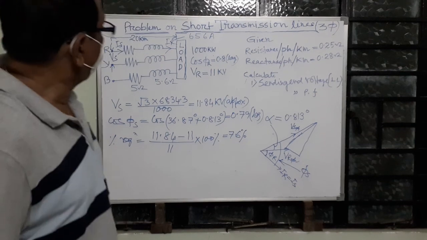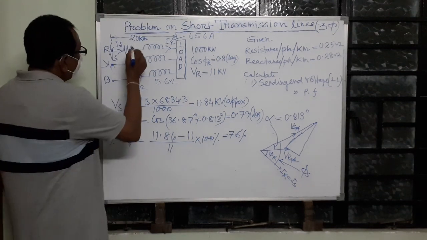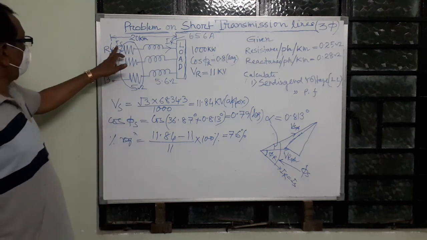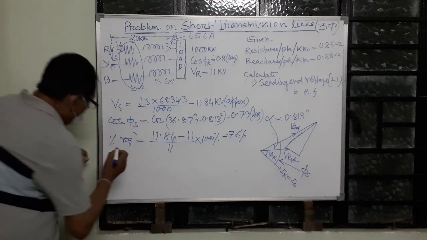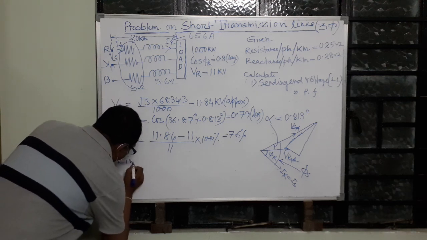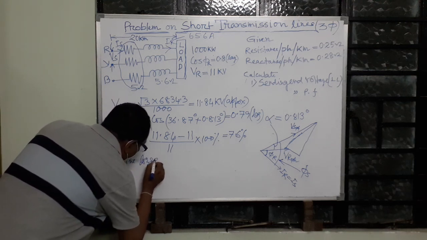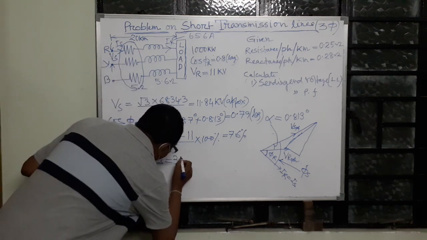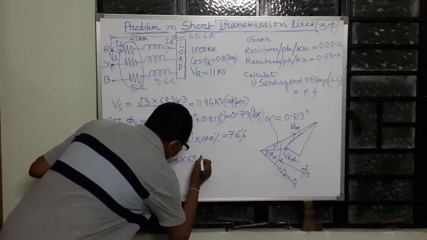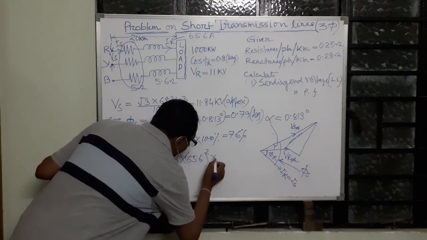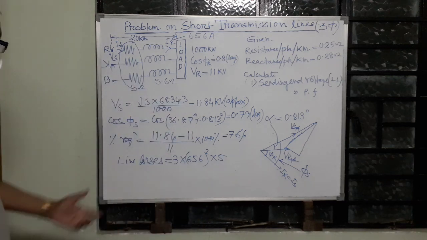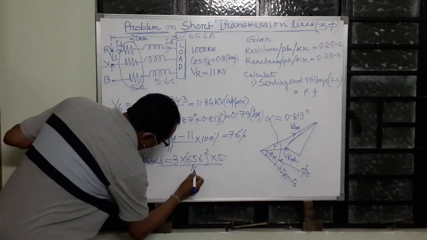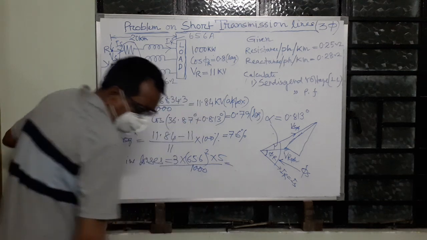To calculate the transmission efficiency, we have to calculate the power line loss. Here the current is 65.6. So line losses, that is loss in three conductors, is 3 into 65.6 squared into 5. This unit is watt. If we divide by 1000, this will be kilowatt.